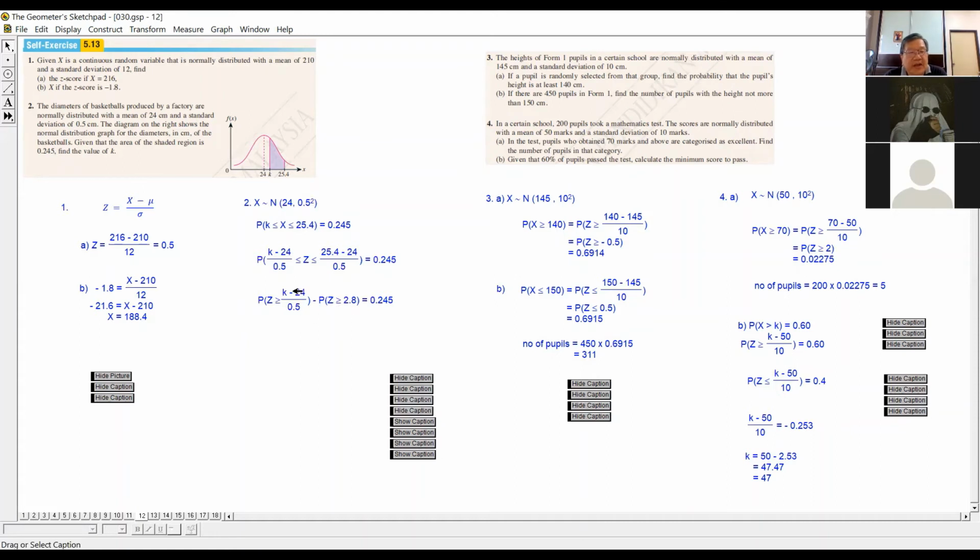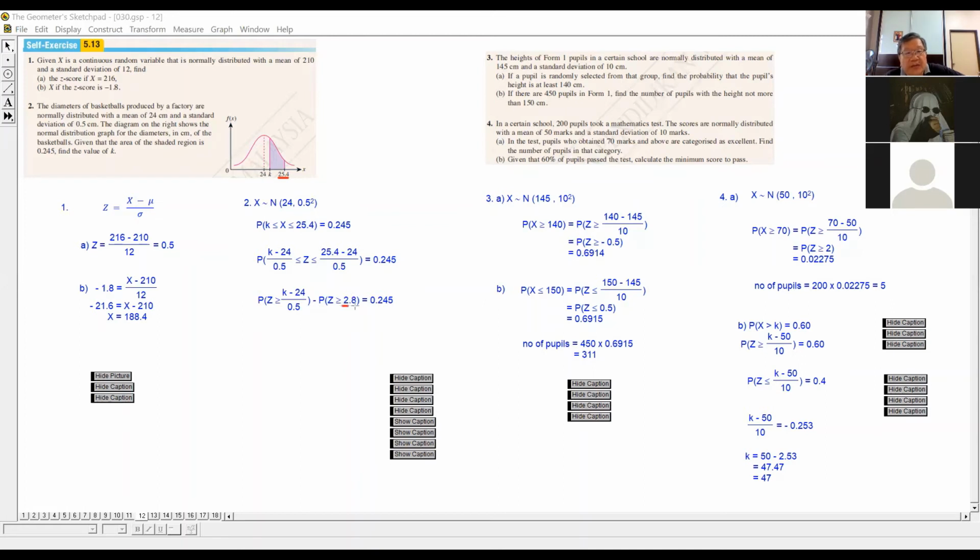Now the probability at the center here is the probability greater than k minus the probability greater than 2.8. This number 25.4, when you change to z-score, it will be 2.8.